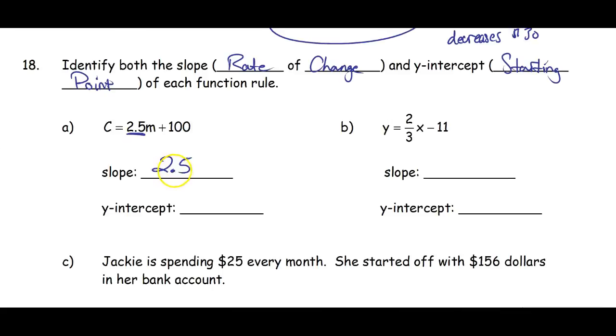So here it's 2.5. Your y-intercept, I know what most of you are thinking, it's 100. No, it's not 100. Your y-intercept has to be in the form of a coordinate point. Okay, and B, the slope, 2 over 3. Your y-intercept is not negative 11, it's (0, -11).